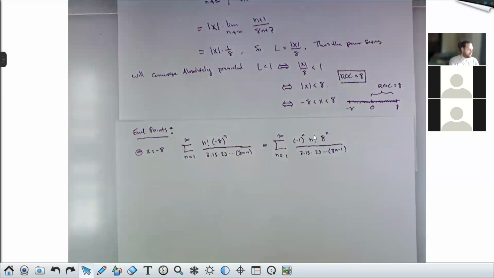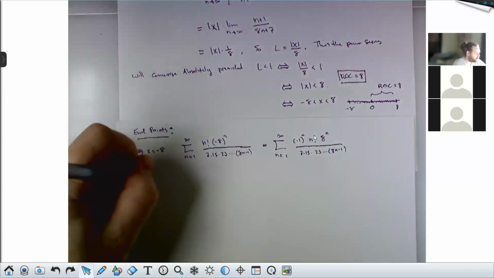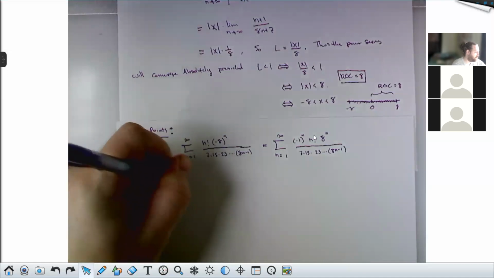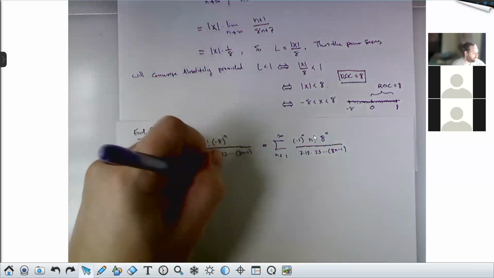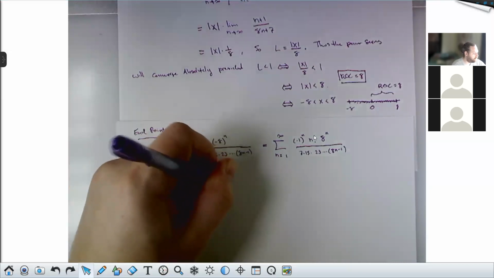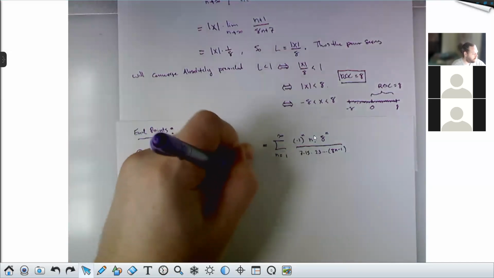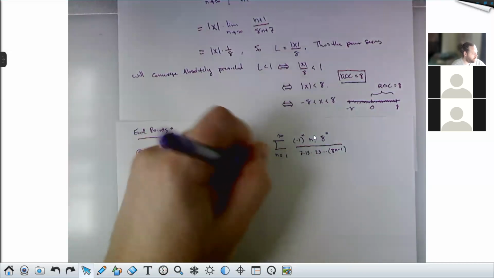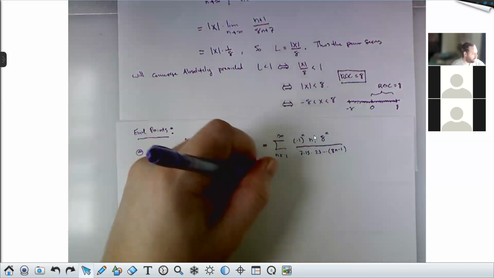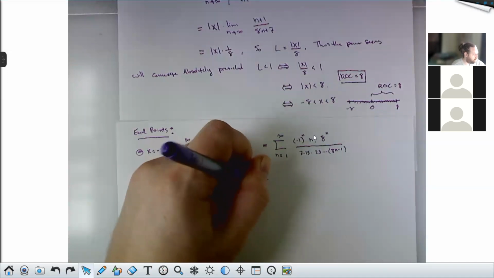The test for divergence limit isn't clear right away. So let me write it out. The limit as n goes to infinity of a_n is the limit of -1 to the n, n factorial, 8 to the n, over 7 times 15 times 23 out to 8n minus 1.